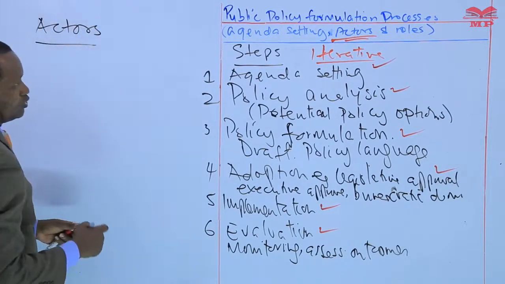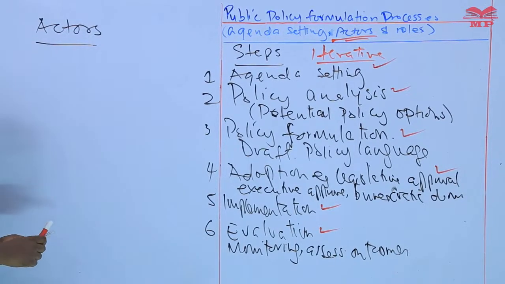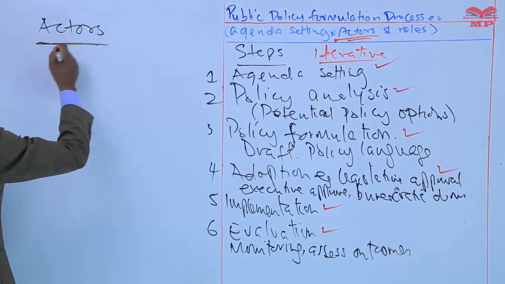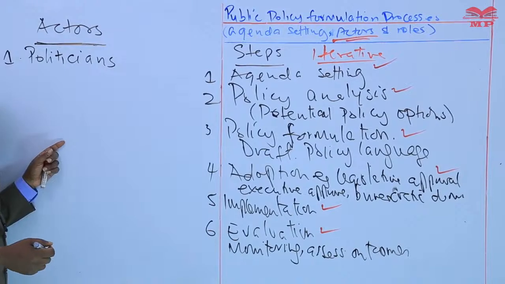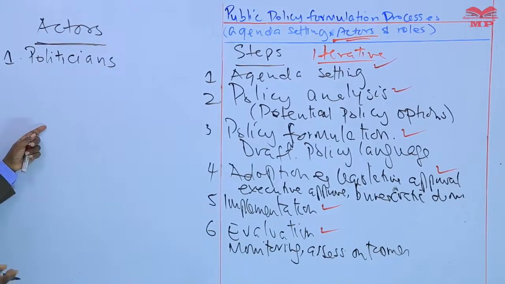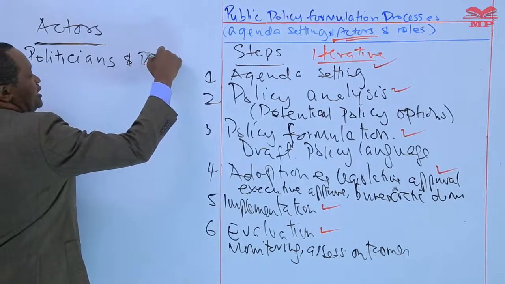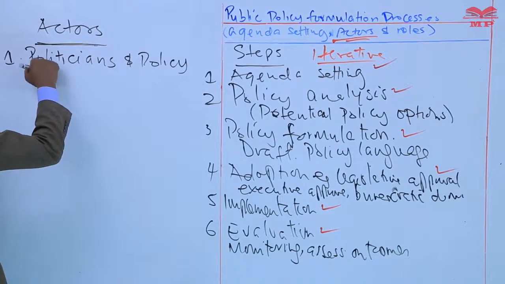And what is their role? One, politicians and policymakers. Politicians are the elected leaders.